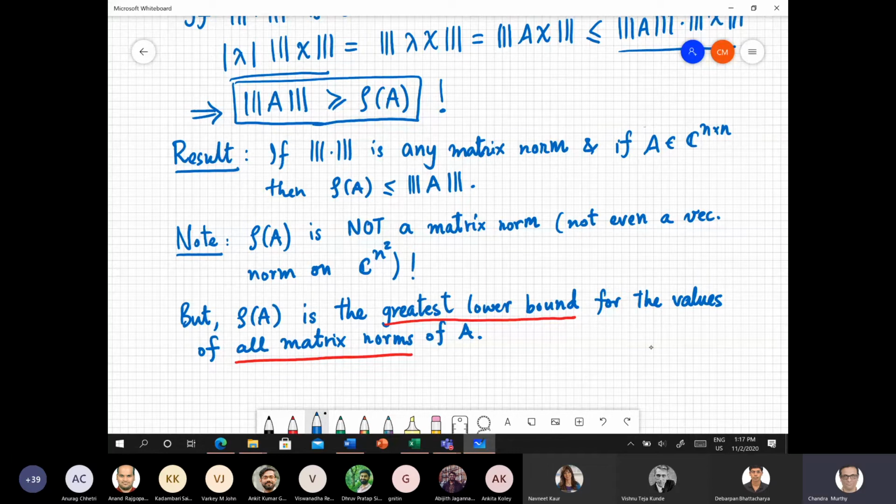Essentially, we were discussing that if you look at norm of AX divided by norm of X, this is one way you can define the amplification that X experiences when it is multiplied by A. And the spectral radius is the largest such amplification you can get. So is this the same as the spectral norm?